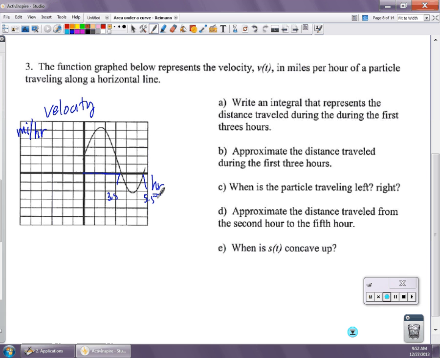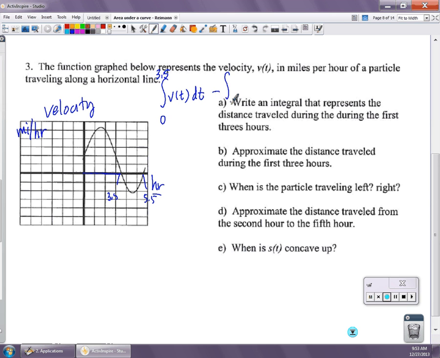So write an integral that represents the distance traveled. There are 2 ways to write that integral. We can go from 0 to 3.5 of v of t dt, because all of that area is positive. Then we're going to subtract the negative area, forcing it to be positive.